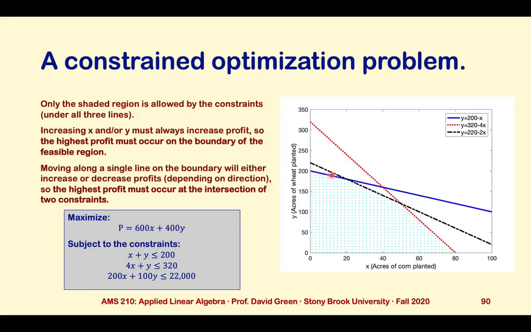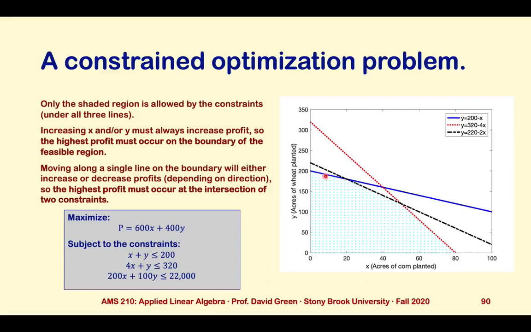Depending on the slope of this line, we might ask, is the amount of corn that we plant, that we increase, enough to compensate for the amount of wheat that we lose? If that's the case, then moving in this direction along the line will increase profit. If it's the other way around, moving along this line in this direction would decrease profit.